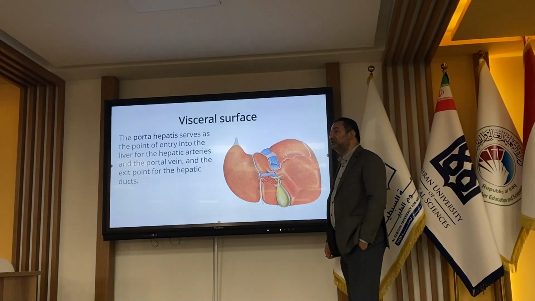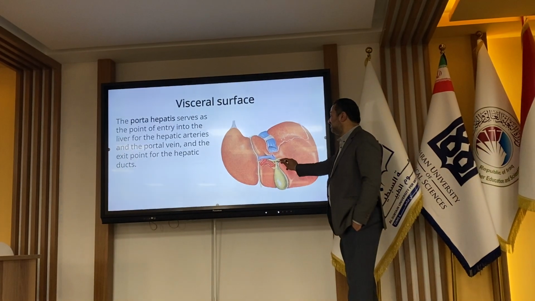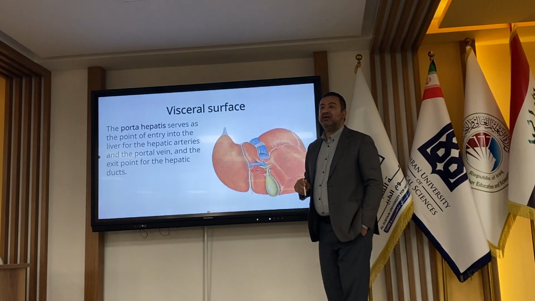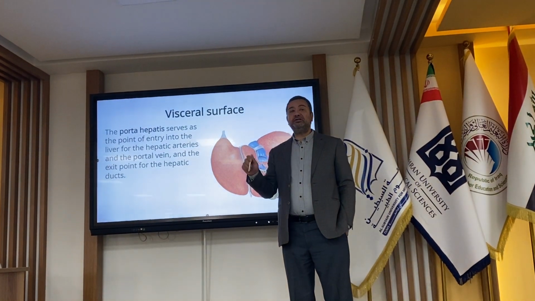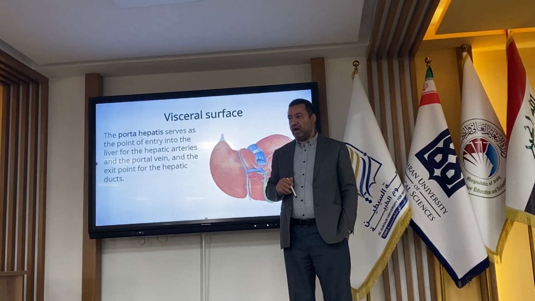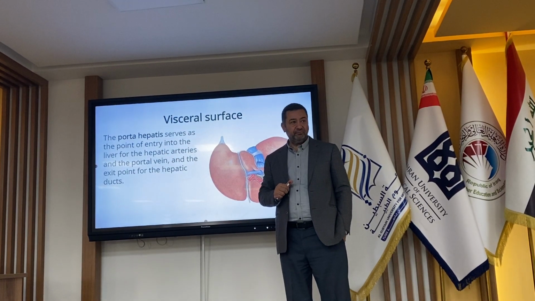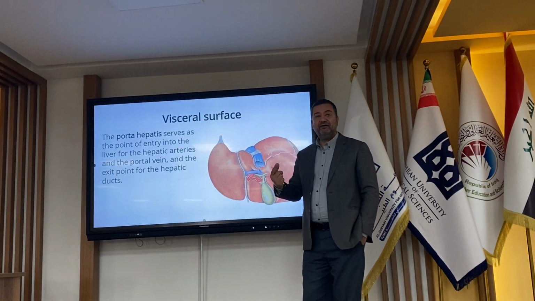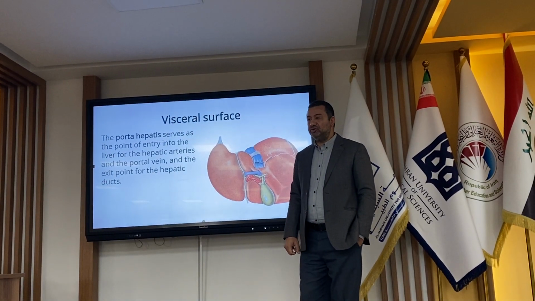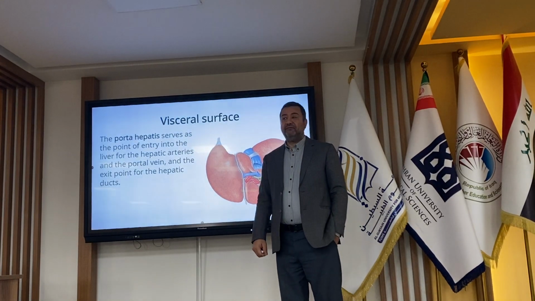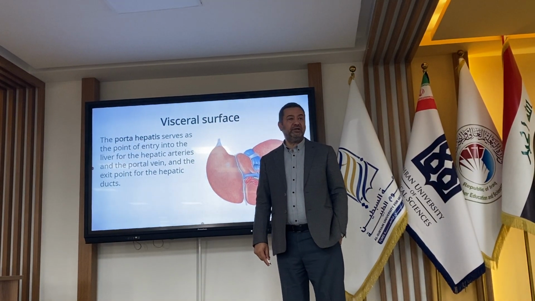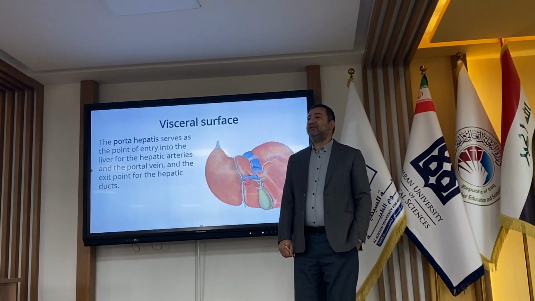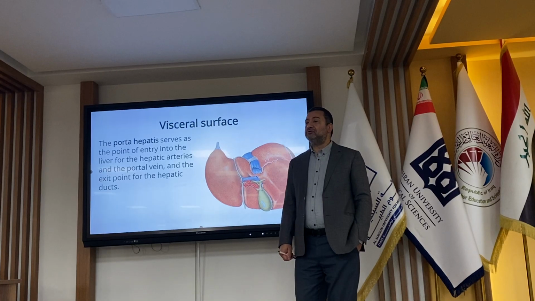If you remember, I told you the common hepatic duct and the cystic duct from the gallbladder join together and make the common bile duct, or choledoch. Do you remember that the common bile duct enters into the free border of the lesser omentum, descends posterior to the first part of the duodenum and posterior to the head of the pancreas, and enters into the second part of the duodenum.